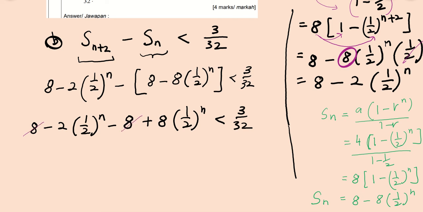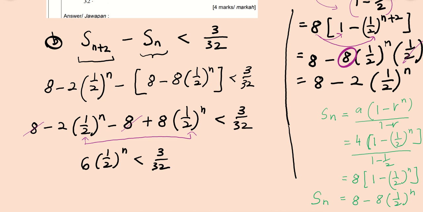And then yang ni like terms. So 8 tolak 2 dapat 6. So 6 times 1 over 2 power n is less than 3/32.